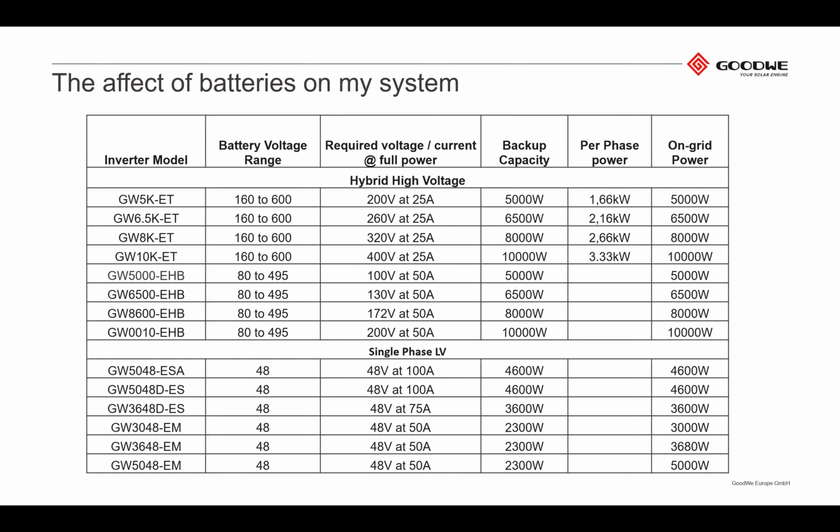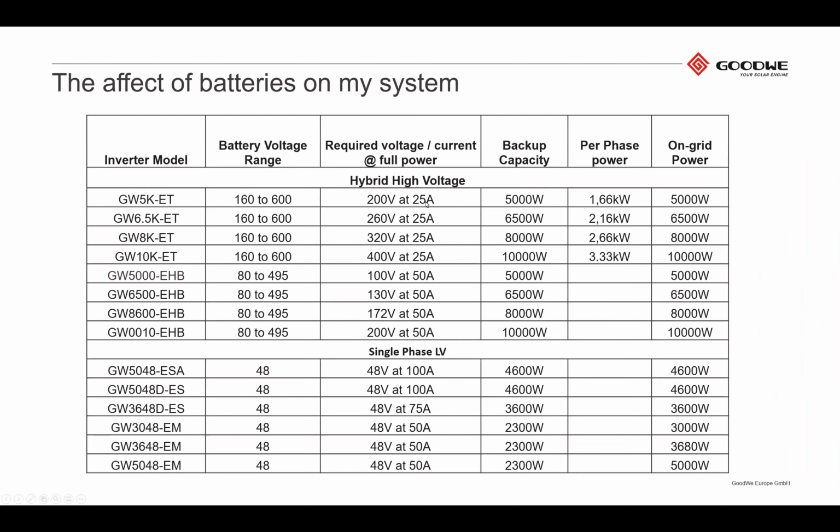Pylon, BYD, they all have a 25 amp limit or 50 amp limit. Pylon also has a 37 amp limit on the 3.5 kilowatt-hour cell batteries. But the inverter itself is limited to 25 amps, and we have a voltage range of up to 600 volts on the ET.